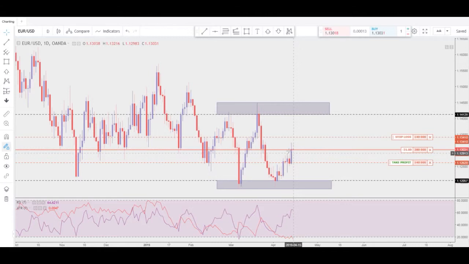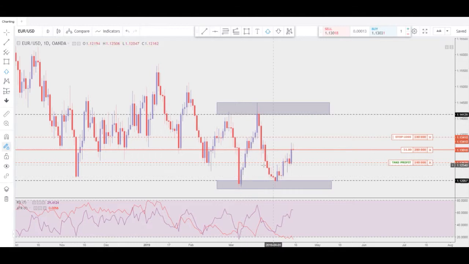Now I've shorted this pair at this level. If we drop down to the lower time frame, but before we do, I want you to look at the structure shelf here. We had two massive bearish days, and then the market stalled at this level. The market found support at this level before continuing the bearish movement back to support.